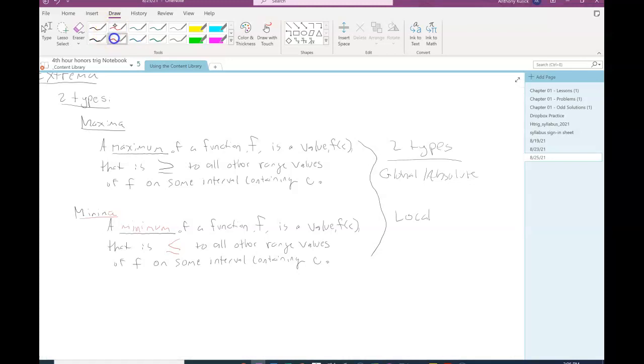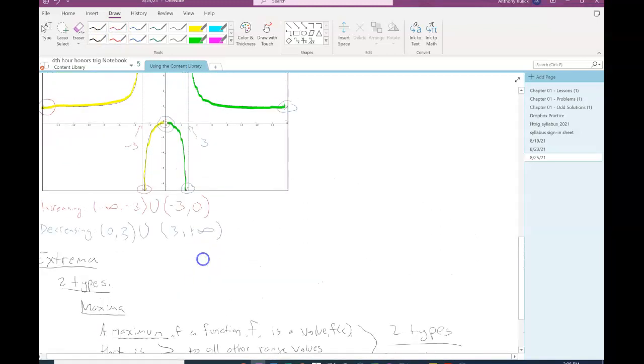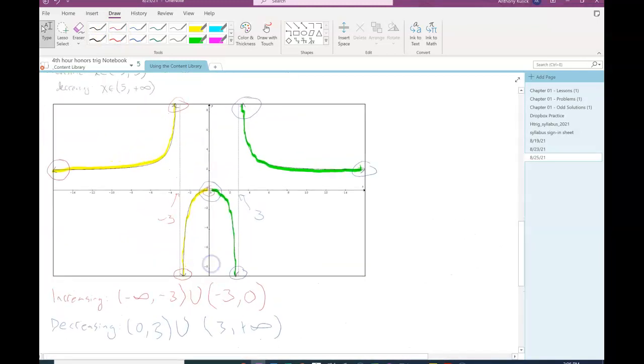So if I go back and I look at this graph we had just drawn, this guy is a local maximum. It's not the global maximum because there's a lot of points higher than it, right? All that stuff on those curves is higher.